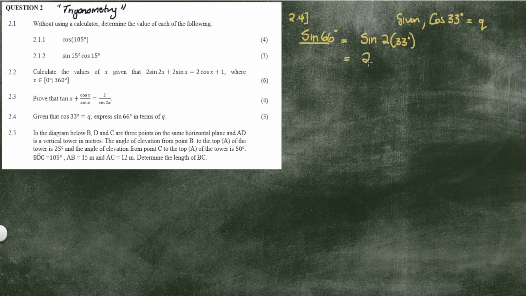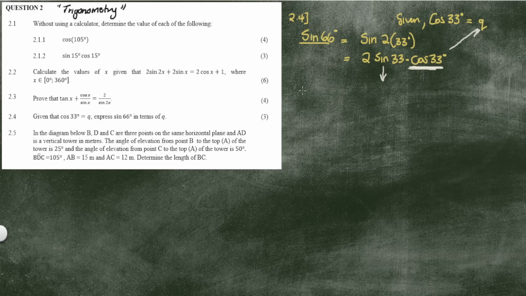Simplifying this gives me 2 sine 33 multiplied by cos 33 degrees. Alright, I know cos 33 is equal to q, but what about sine 33 degrees? So I need to take this a step further and also express sine 33 in terms of cos 33.